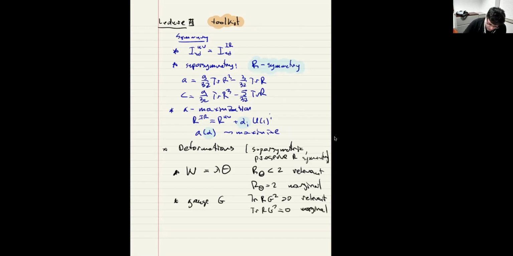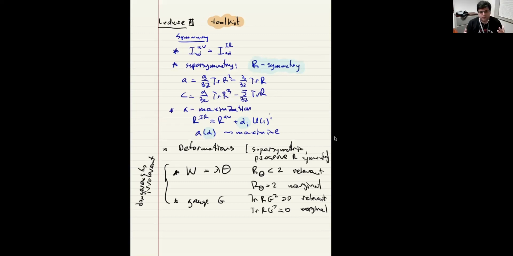We have also mentioned that this division of deformations into relevant, marginal, and irrelevant is a little bit tricky if we can turn on several deformations, and there is something called dangerously irrelevant deformations, and we need to be aware of them.